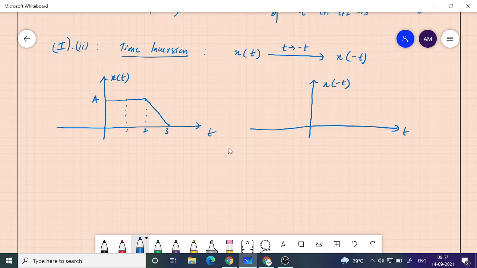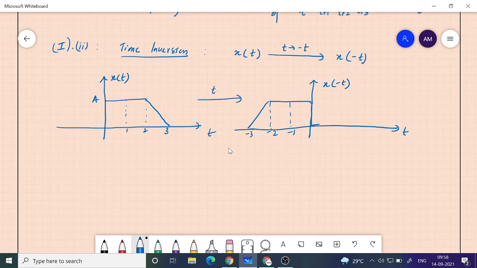So it will go like this, and then like this. So minus 1, minus 2, minus 3, and then this is 0. Whatever was on the left goes to the right, whatever was on the right goes to the left, just like taking a mirror symmetry. So the reflection or the inversion is basically with respect to the t equal to 0 axis, which means the vertical axis. That operation is called time inversion.